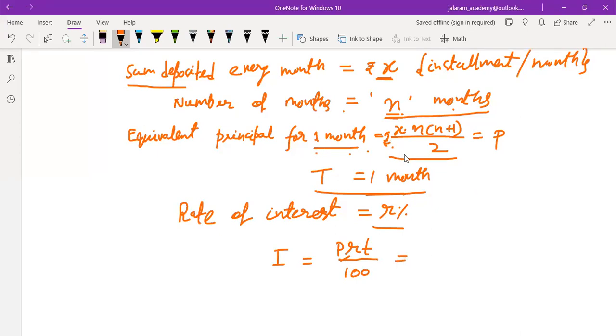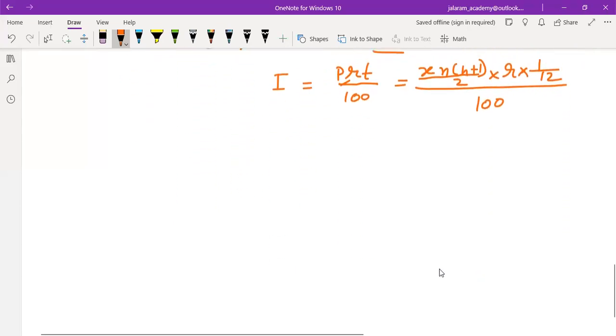Now principal is the equivalent principal, which is not the actual principal. This X into n plus 1 by 2 is not the actual principal, into R into 1 by 12 upon 100. So simplifying this, we can find the interest X into n plus 1 by 2 into R into 1 by 12 over 100. So this is the interest.